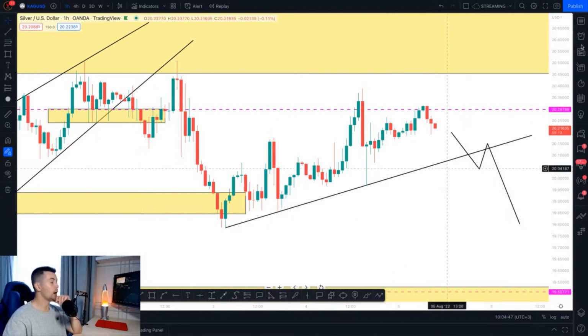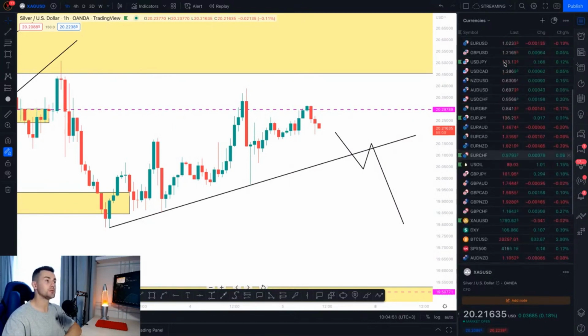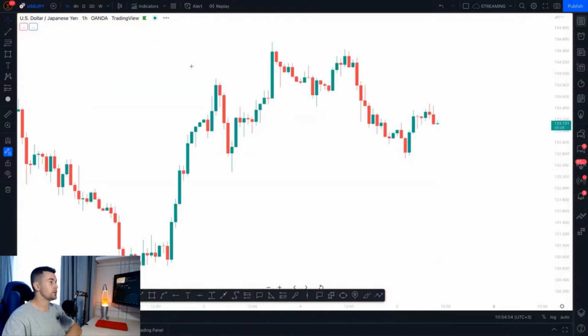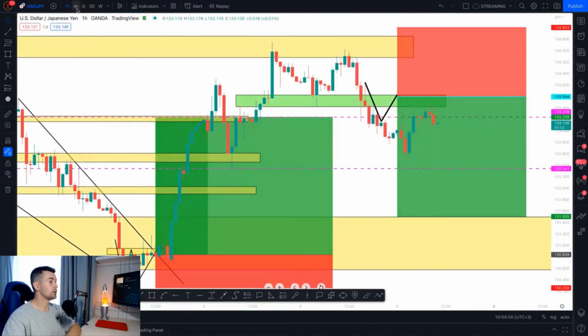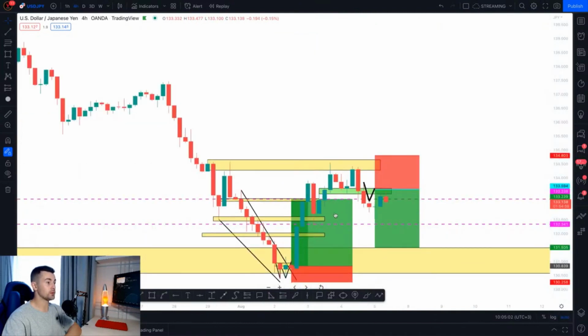Now, I wanted to discuss with you the dollar yen pair. As you remember, traders, on the dollar yen pair we got a long position and we trailed our stop loss.